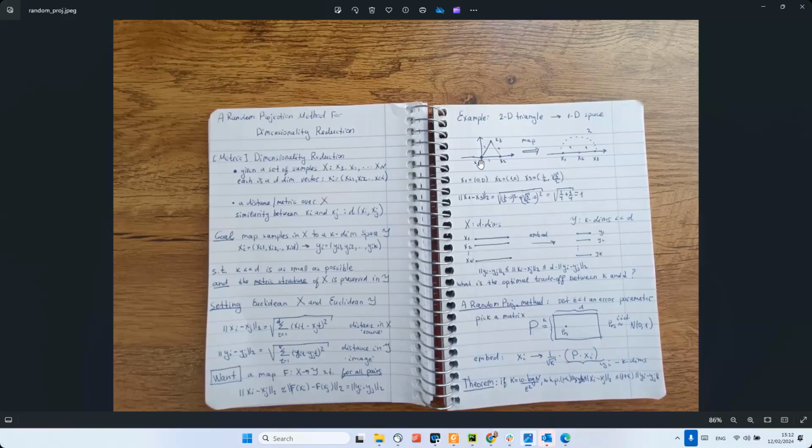Only the distances are important. So if we have in the new space all the distances being very, very close to the old distances, I can solve my problem on the new distances, right? I will lose only a small amount of information.